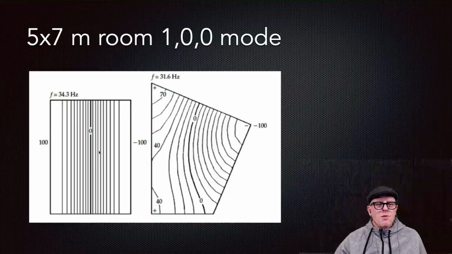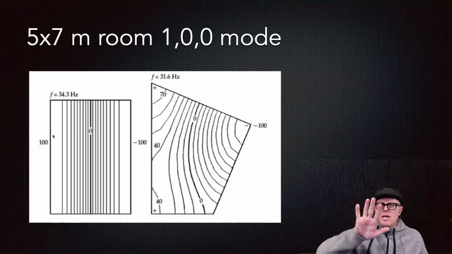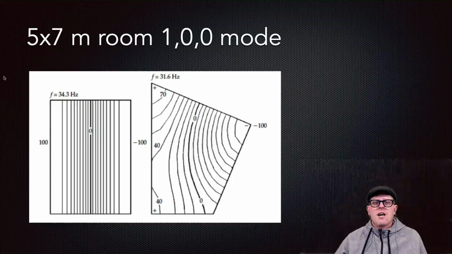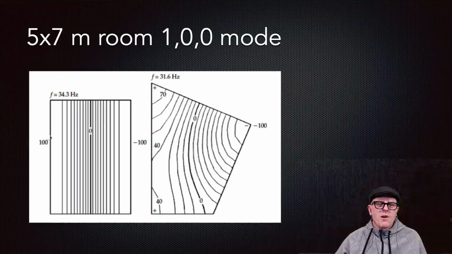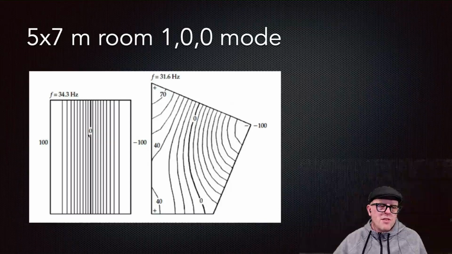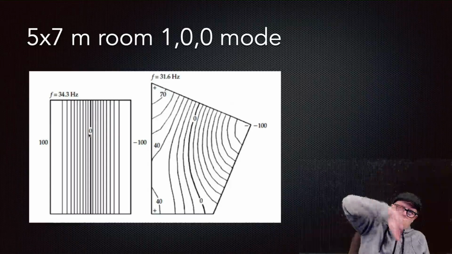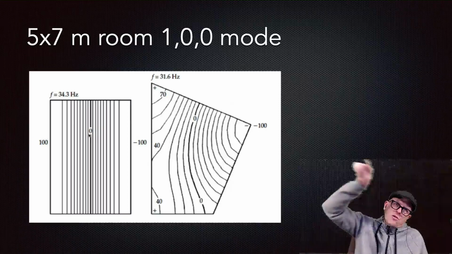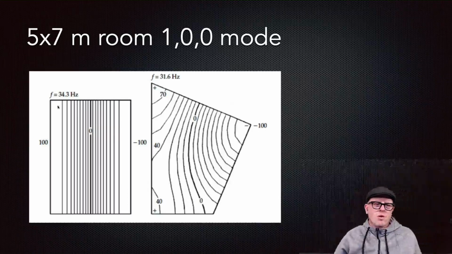So remember, this is looking top down at what we call contour lines of the 100 mode. Before, they were calling this 1 and this one 0, but now we can say this is 100 percent, and this is 0. So it's dropping down in this axis right here at 34 hertz.